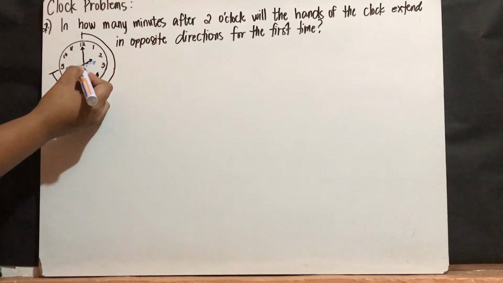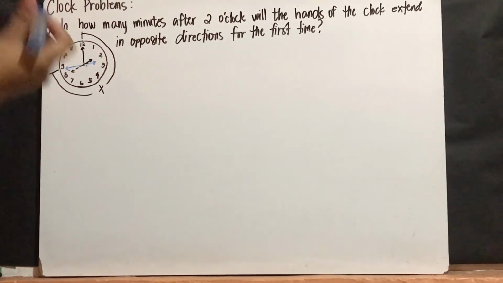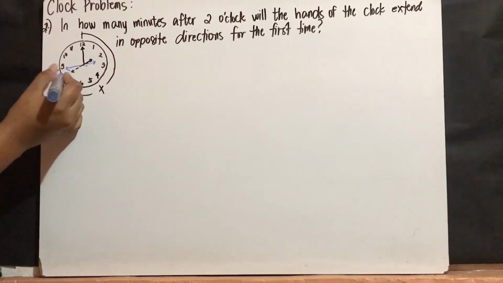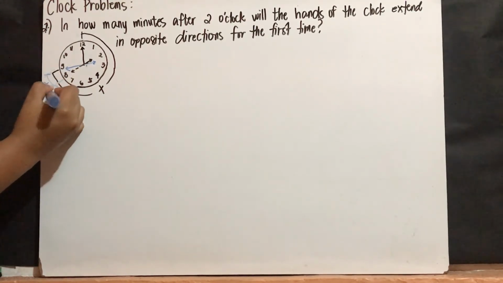Okay? So, yan. So, magiging ganyan. So, we can now designate yung value ng x over 12 natin. So, ito na siya ngayon. This is x over 12.